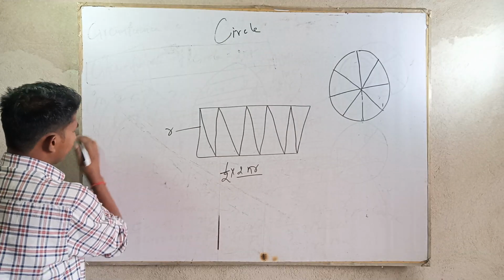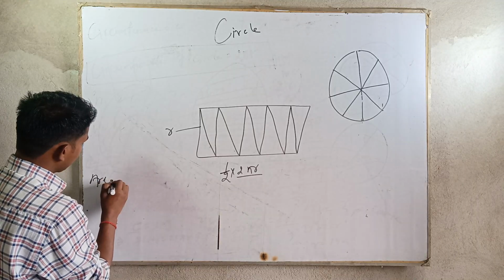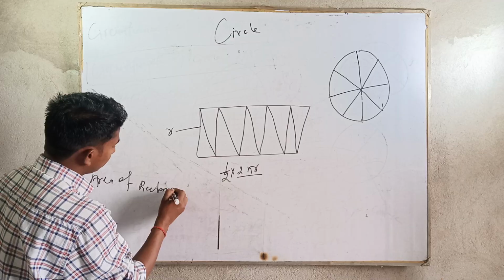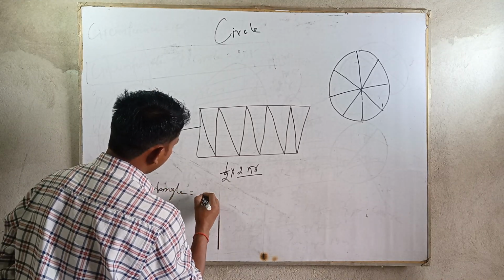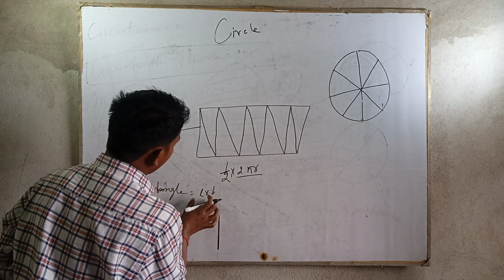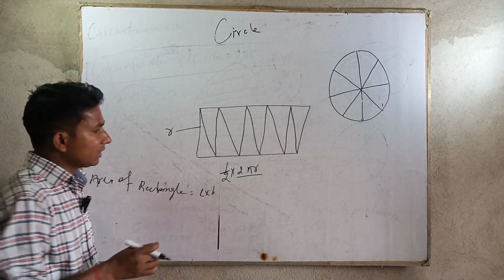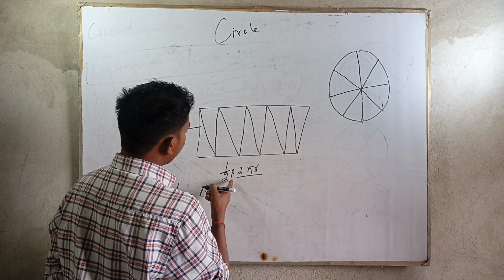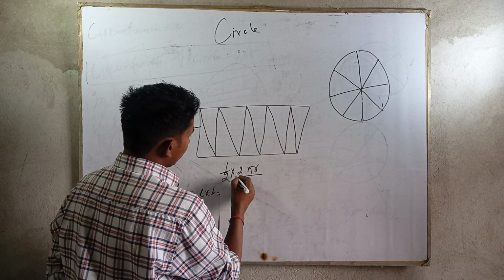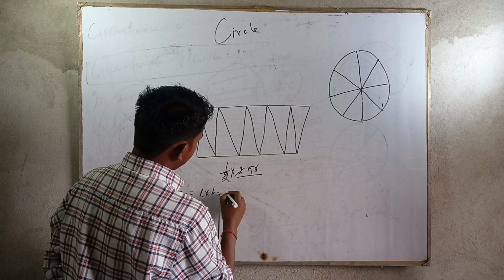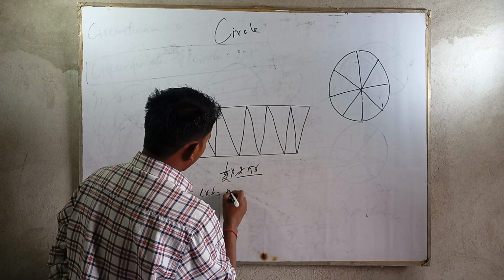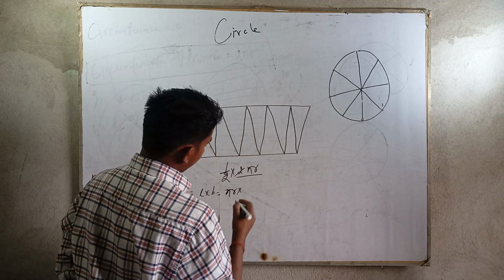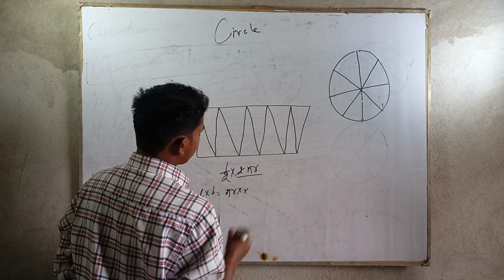Suppose I'm writing here: area of rectangle equal to L into B. If I multiply length and breadth, then its area will come out. Same thing, if its area is 2 pi r, pi will cancel, then length is 5 r, and its breadth is r centimeter.